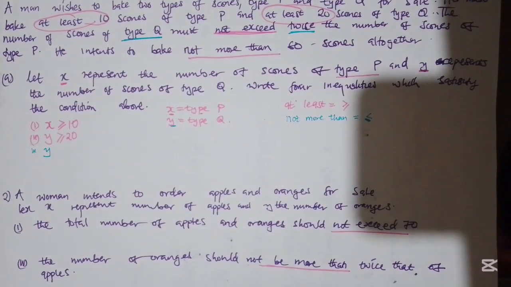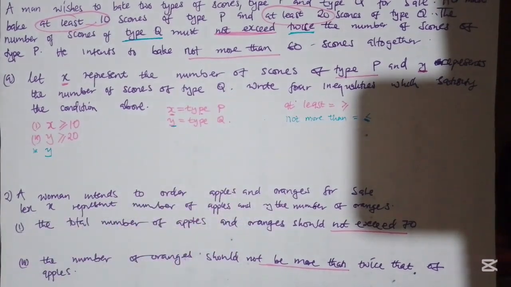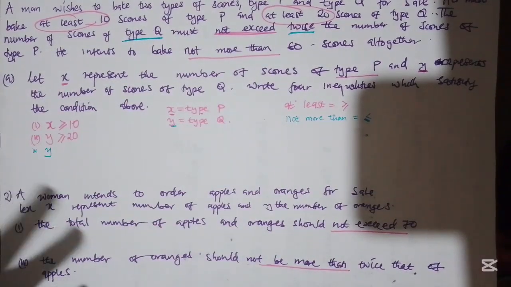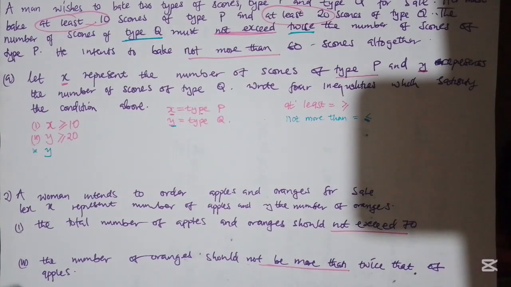Whenever you hear the word twice, don't get nervous or say the question is hard. When they say twice, they are just saying put a 2 in front of the type you have been given. It can be anything. Twice the number of apples, just put 2 in front.